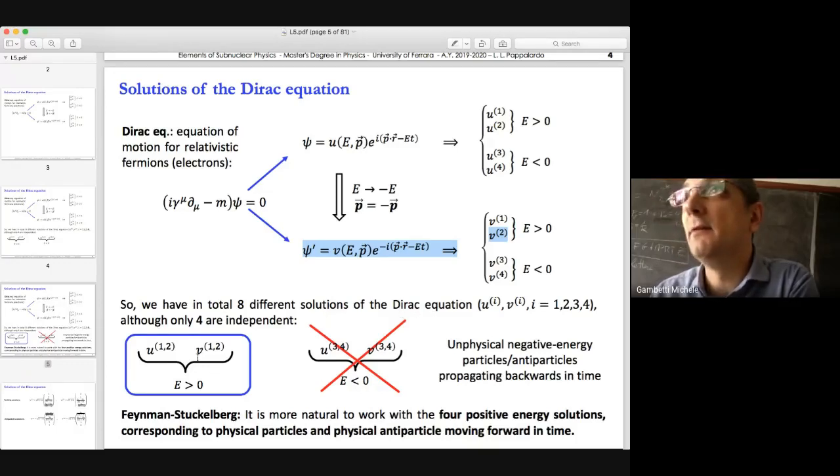And so the four solutions that we will be using from now on are only the positive energy solutions, which are interpreted in the Feynman-Stueckelberg interpretation as physical particles and physical antiparticles, both moving forward in time with positive energy. Okay, so this was our arrival point at the last lesson.